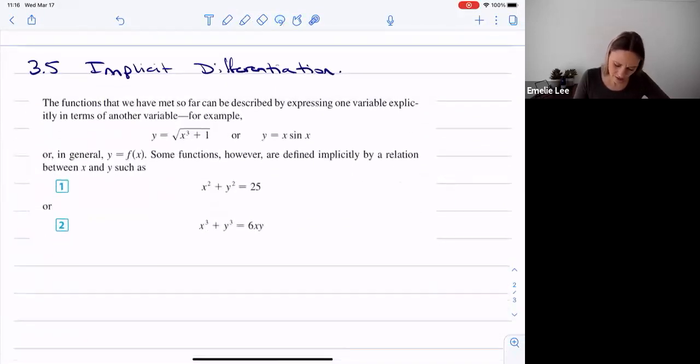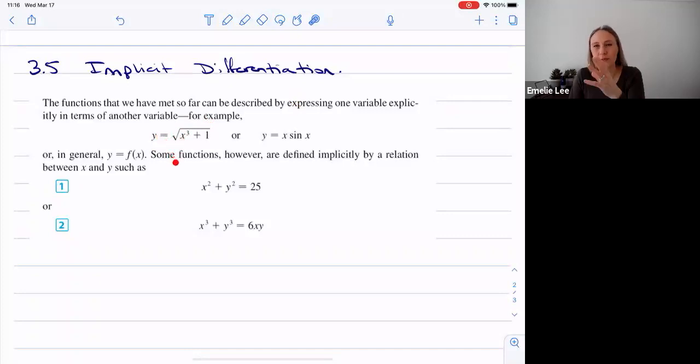The difference between implicit differentiation and what we've been doing so far is that all our functions have been rearranged so that y equals something, right? So our output equals some function of the input. All our y's are on one side and all the x's, or whatever the input is, theta, whatever, are on the right-hand side.